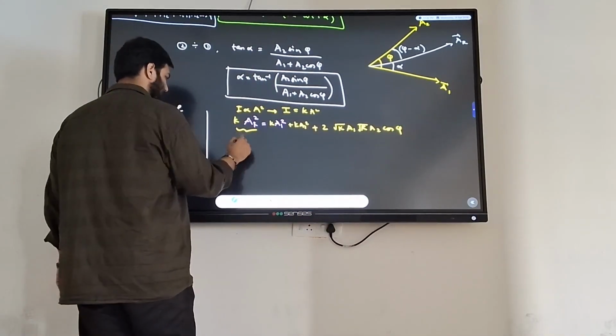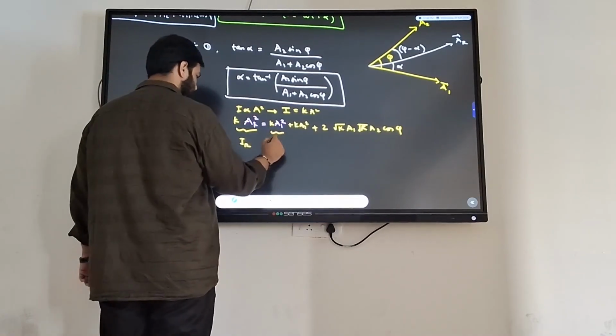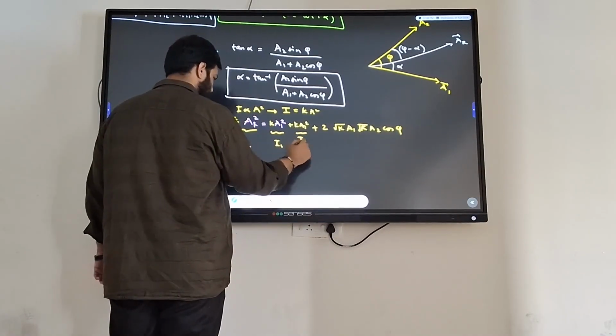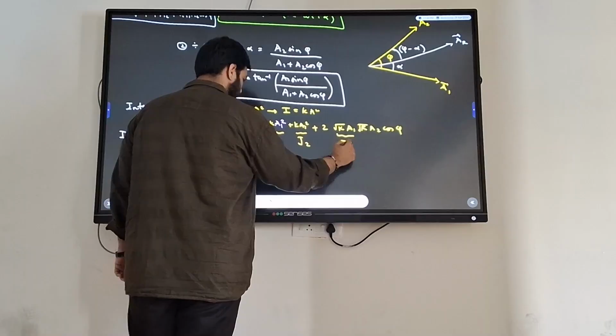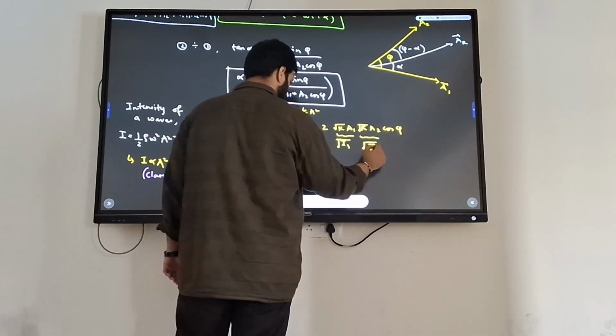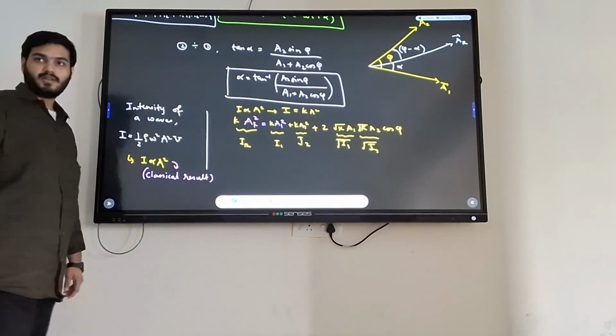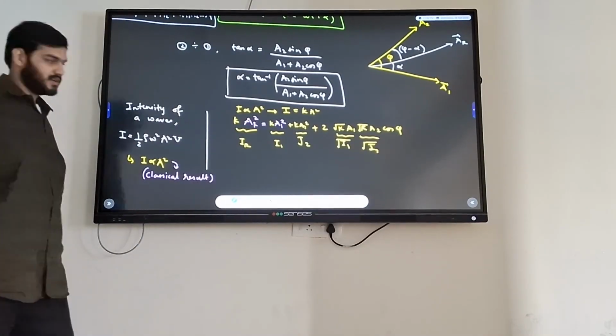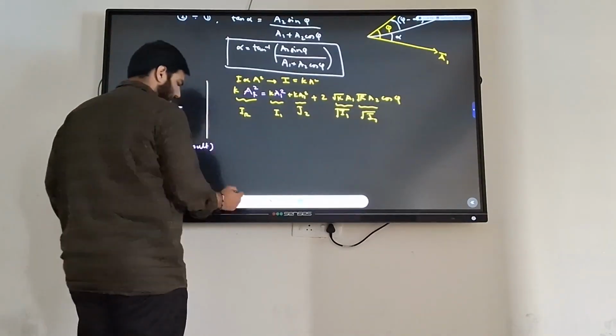What is this? IR. What is this? I1. Do you understand? And then what is the final result that you get?